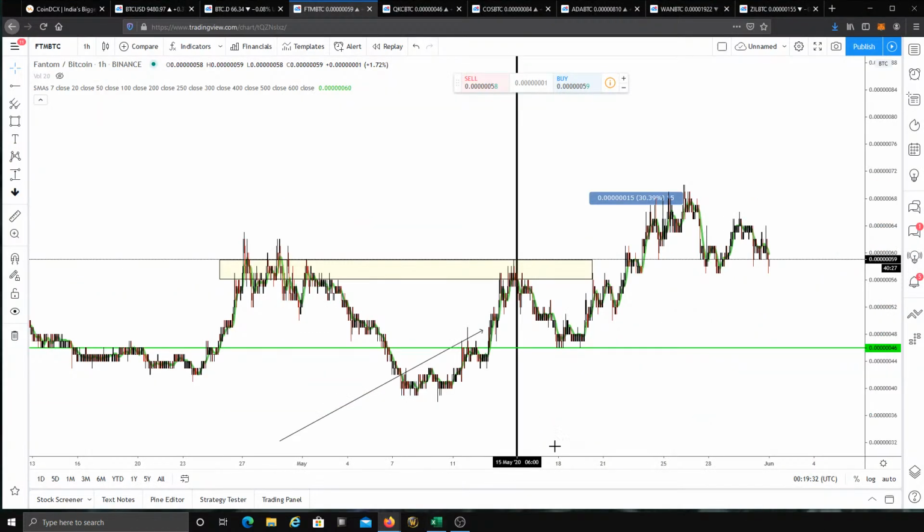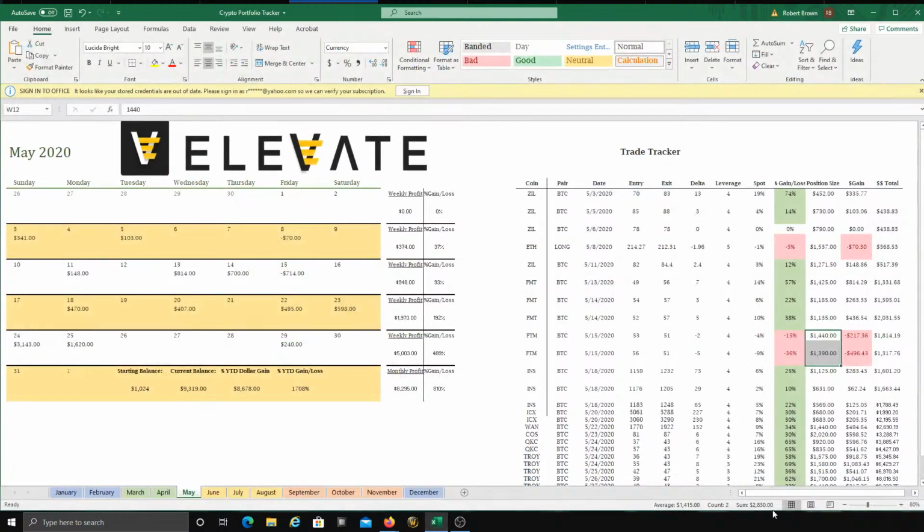So if I had held through that loss and it recovered and went up to 30%, and let's just say I sold up here for 30% at 4x leverage, that's 120% profit. Instead of that $700 loss, I could have made probably a little over $3,000 in profit.